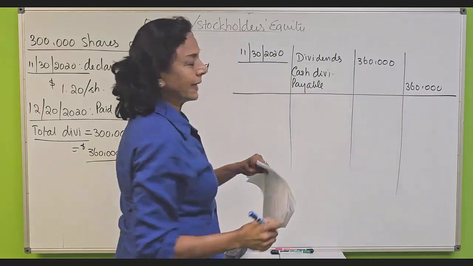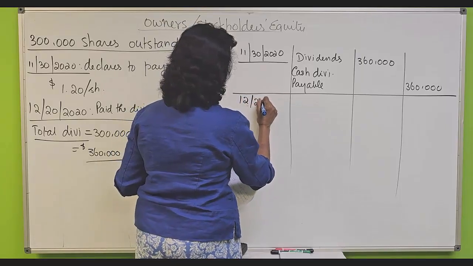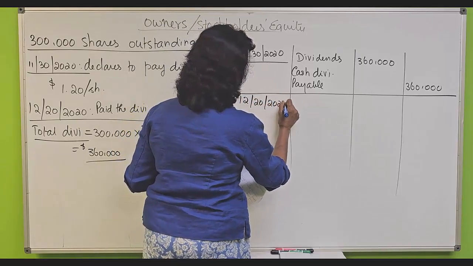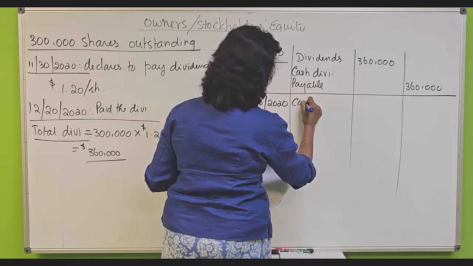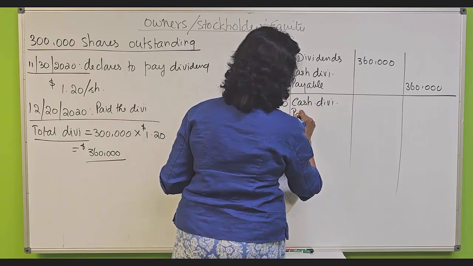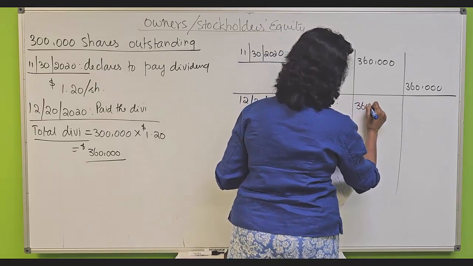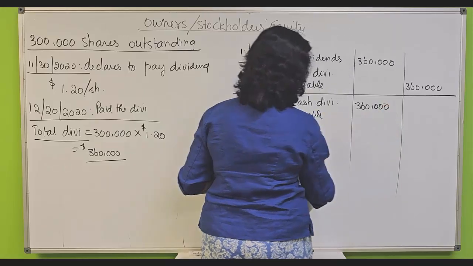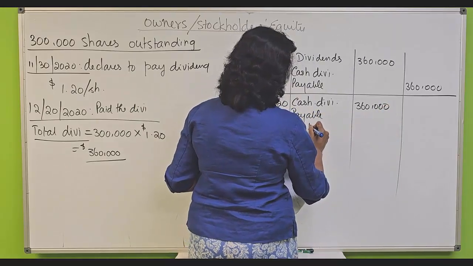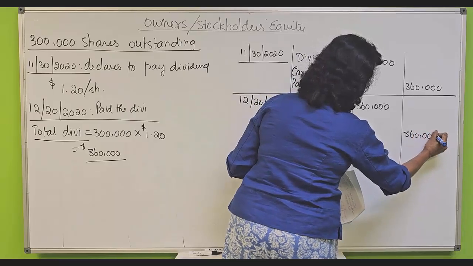And then the company is actually sending out the dividends on December 20. Now you debit cash dividend payable for $360,000 and credit cash for $360,000.